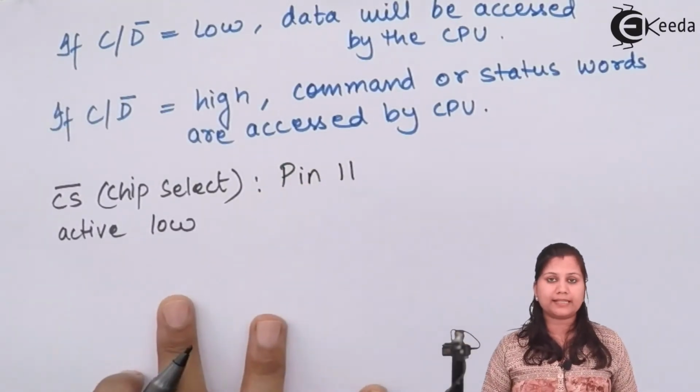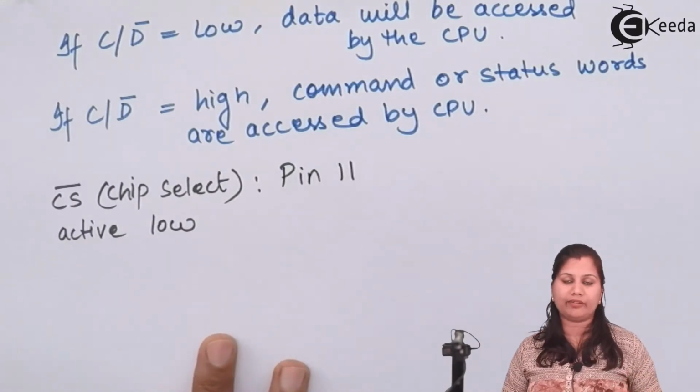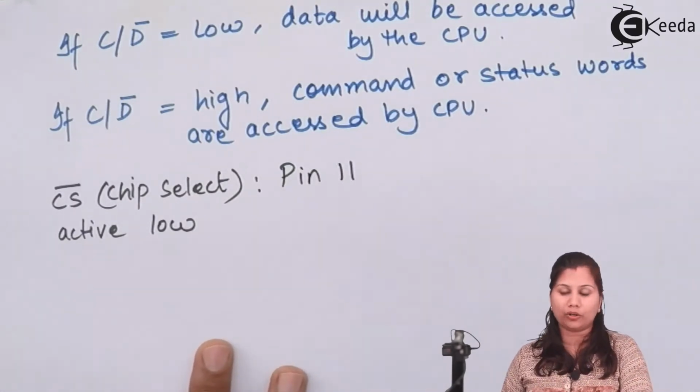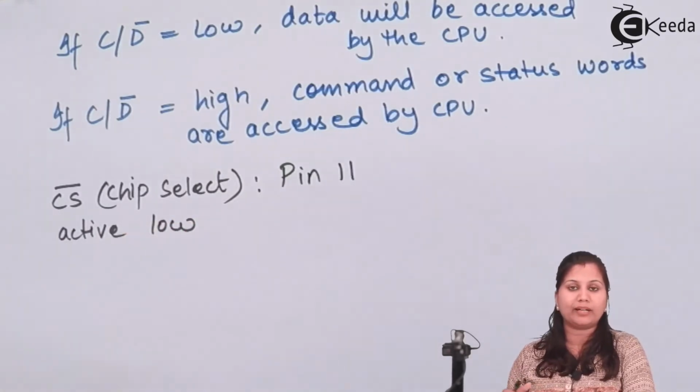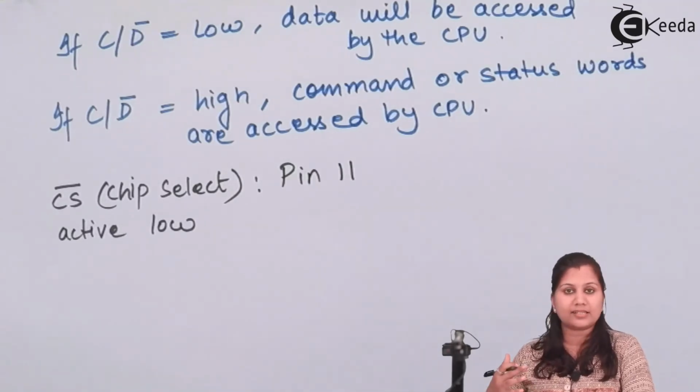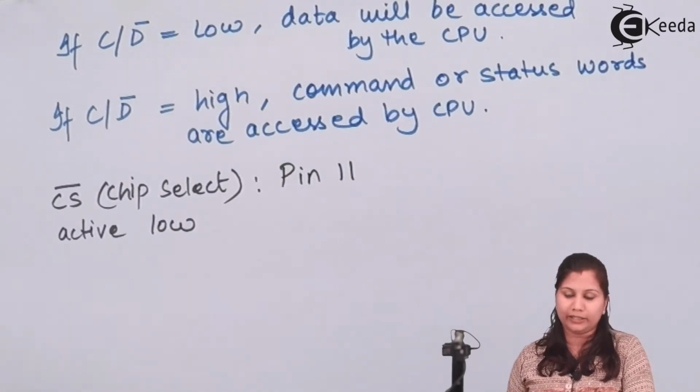Now this chip select signal decides whether this chip is selected or not. When this signal is active low, it means that 8251 is selected, it is going to operate, and when this signal is high, then the chip is not selected, no operation will be performed by the 8251.